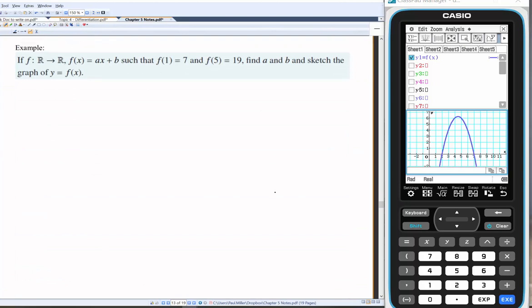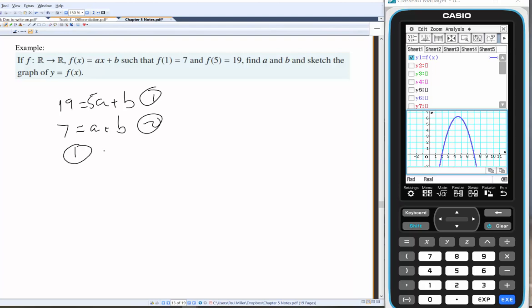Classic simultaneous problem. So what we're going to do, we know that f of 1 equals 7, f of 5 equals 19. So we're going to go 19 equals 5a plus b is my first equation, and 7 equals, so I'm substituting 5 into it, and now I'm substituting 1 into it, a plus b. This is 1, this is 2.